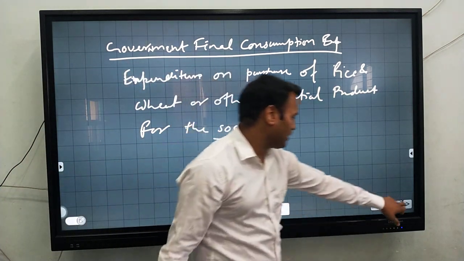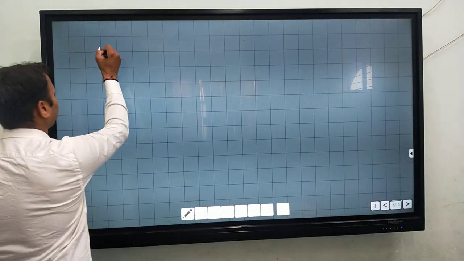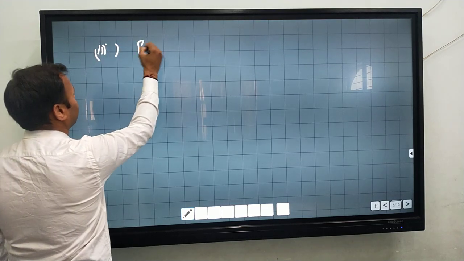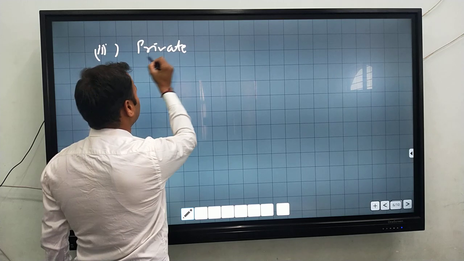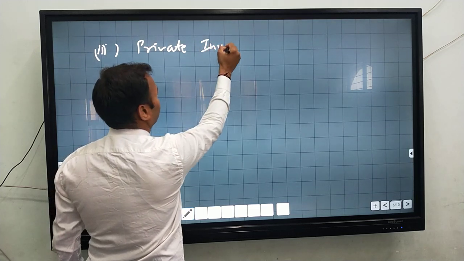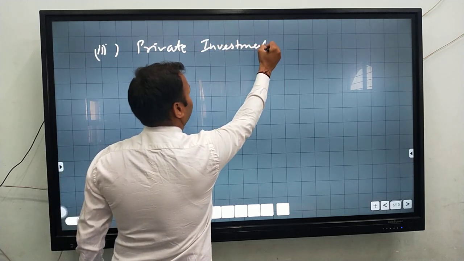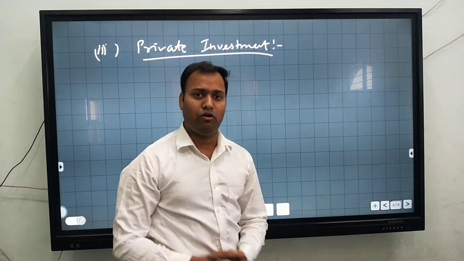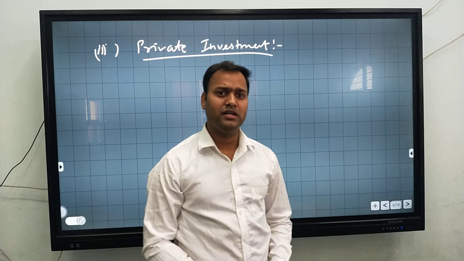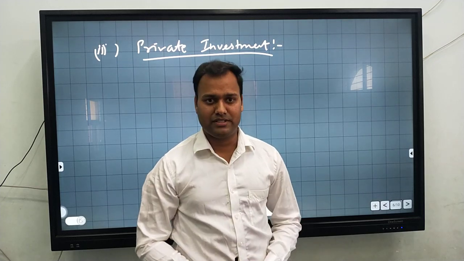Now come to the third one, the private investment. What is the meaning of the private investment? Private investment is the investment made by all the private enterprises for the creation of new assets.